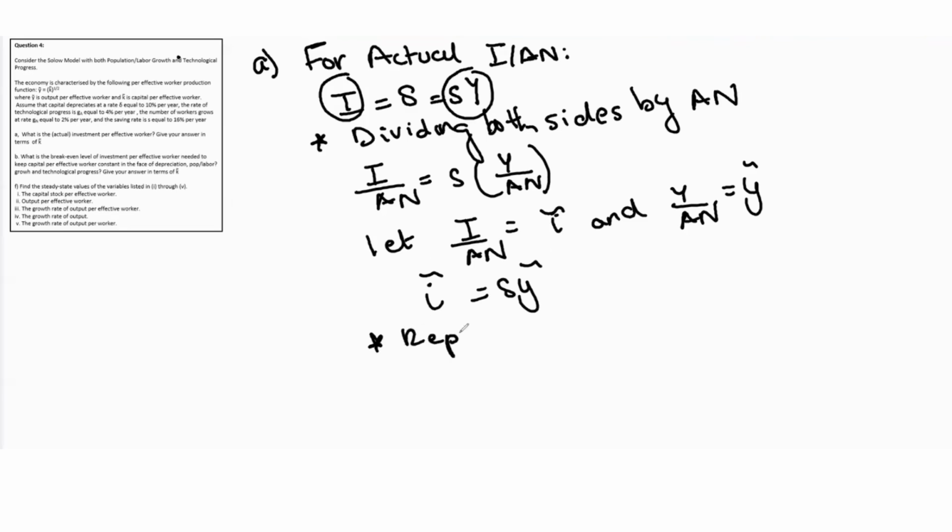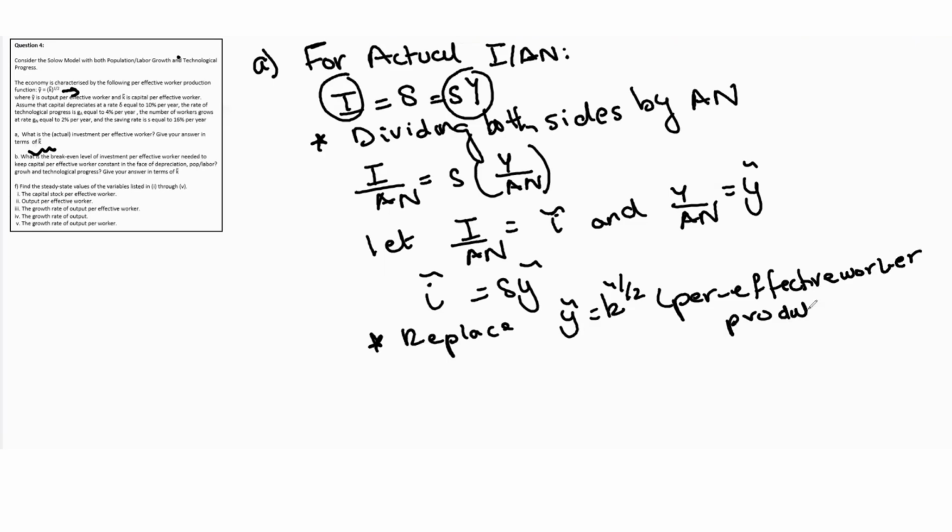This is investment per effective worker in terms of Y tilde, but the question says to get it in terms of K tilde. To do that, we replace Y tilde with K tilde to the power 1 by 2, the per effective worker production function given to us.